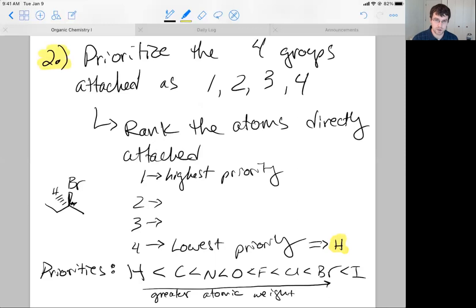Okay, highest priority goes to the highest atomic mass element directly attached to the carbon that's a stereocenter. That's going to be, in this case, bromine. So bromine gets to be the highest priority. Now, number 2 and number 3 come from a tie of carbon elements. That is to say, we've got a carbon at this position and a carbon at this position.